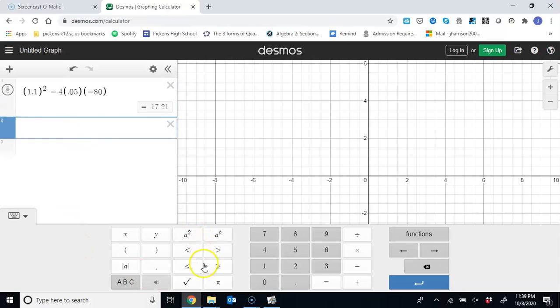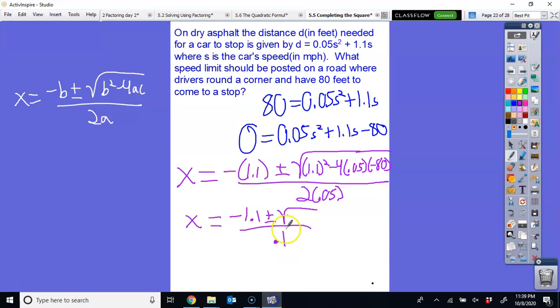So I could take the square root of 17.21, and it gives me this ugly 4.148. I'm going to leave those decimals there a little bit longer. So plus or minus 4.148.